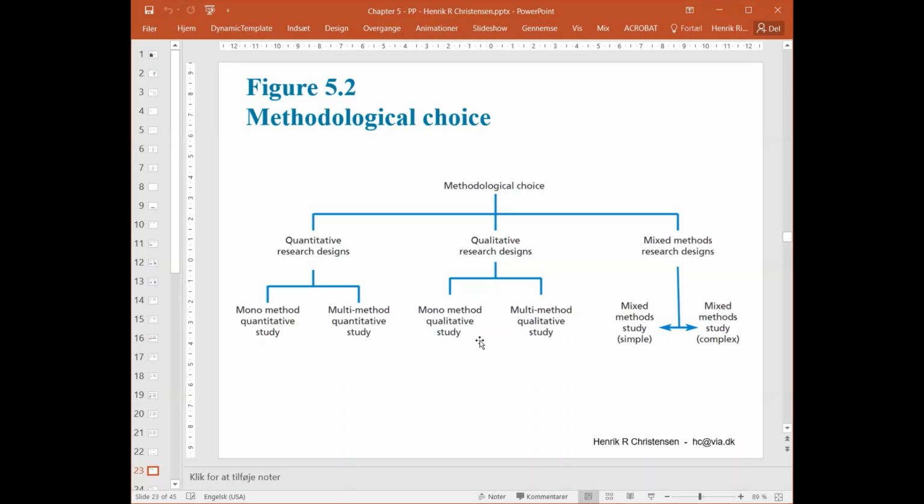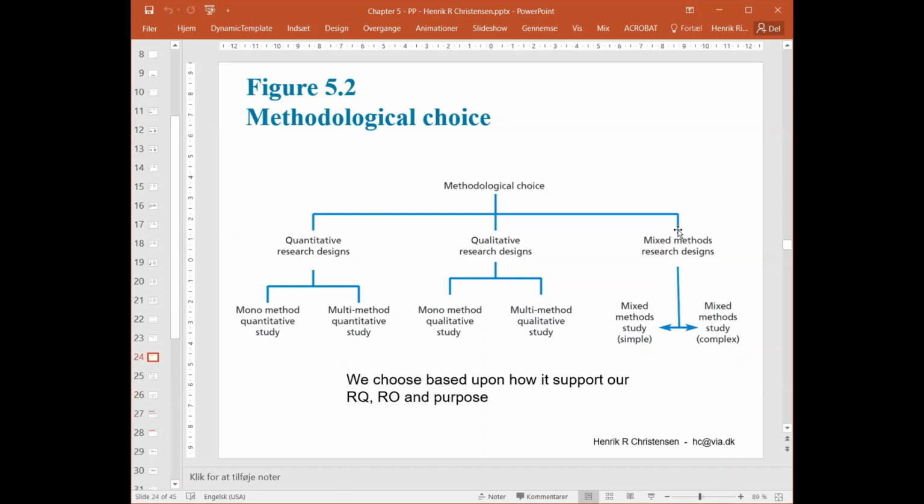And it's no surprise that the mixed methods research designs are a combination of quantitative research designs and qualitative research designs. So that's something that we simply just mix. And therefore, when we are mixing it, it also means that it has the characteristics that we have just been going through.